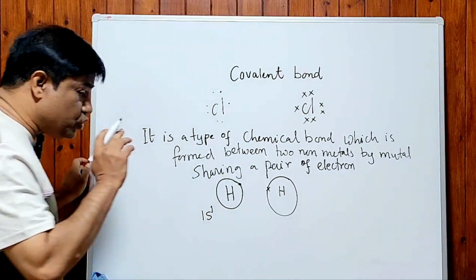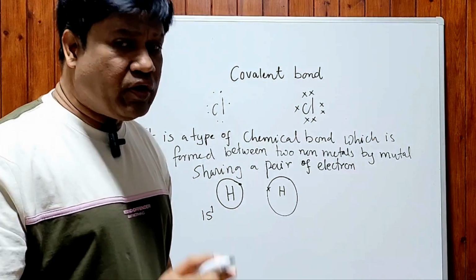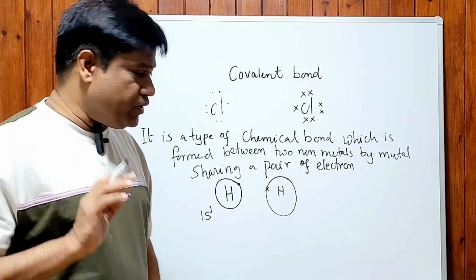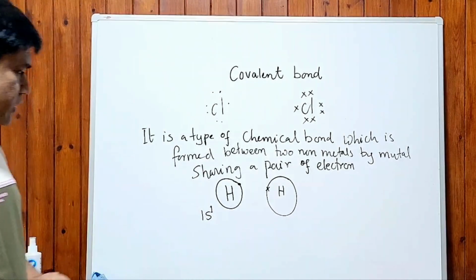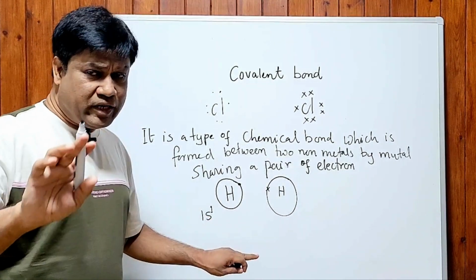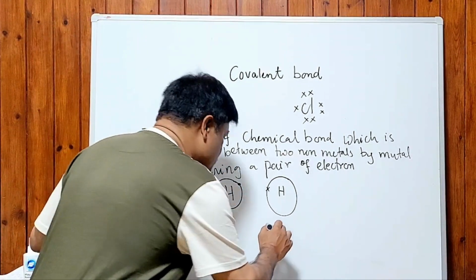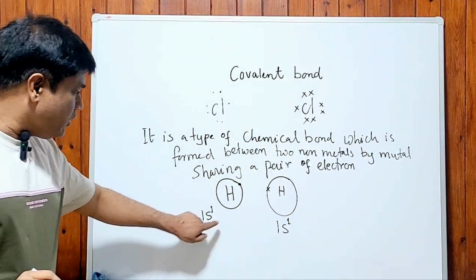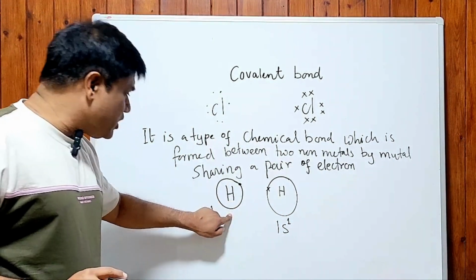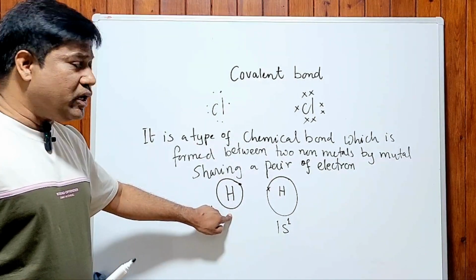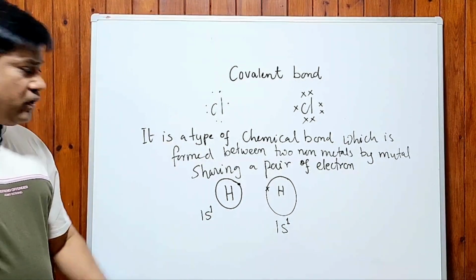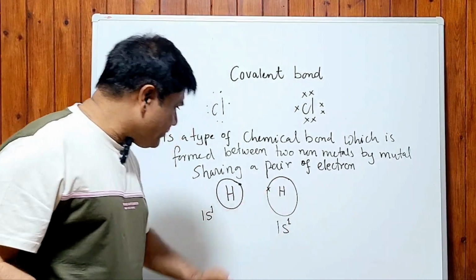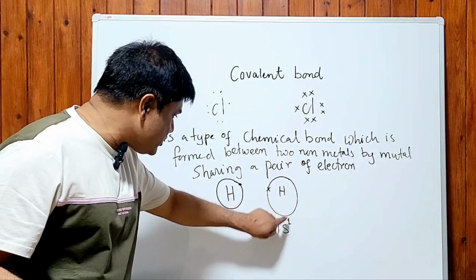I will teach you how to write the electronic configuration of all the elements in the periodic table in my separate video. Don't worry about it; for the time being, ignore it. This hydrogen has one shell, one subshell, and one orbital, which is the s orbital. This hydrogen also has one shell, one subshell, and one orbital, which is the s orbital.